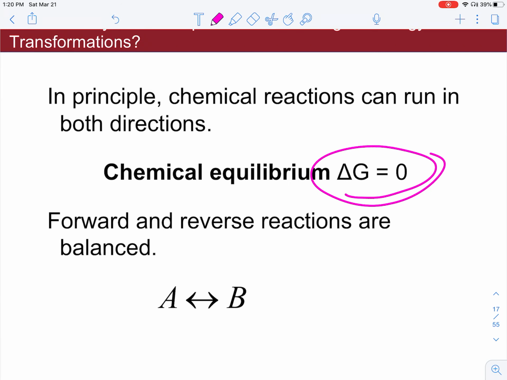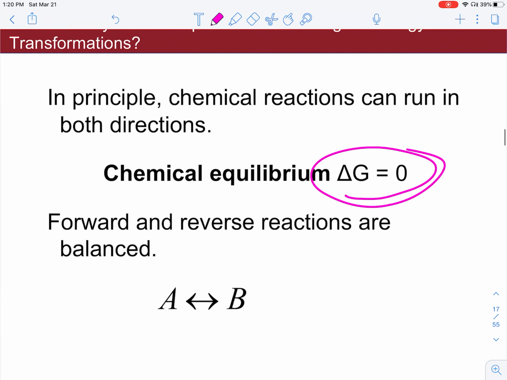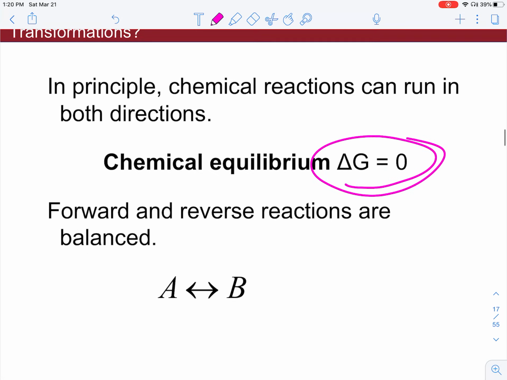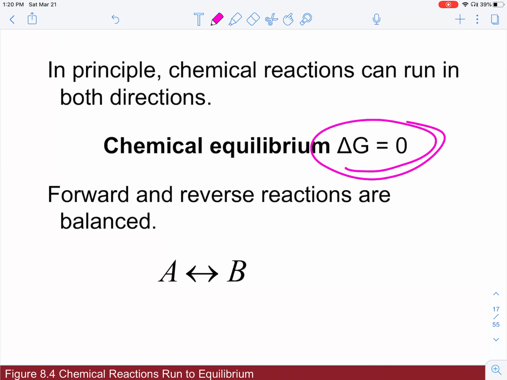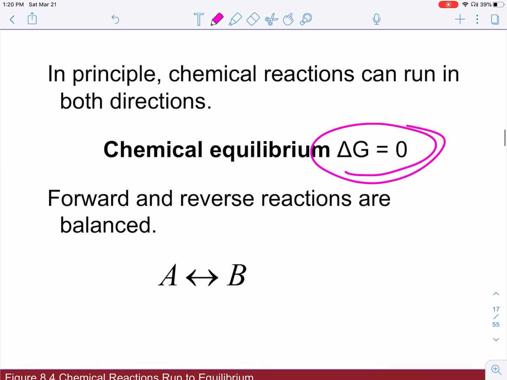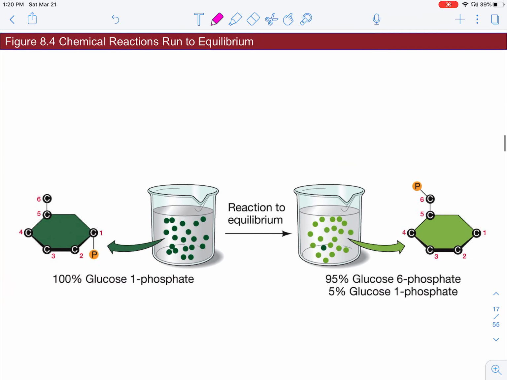And if the delta G is zero, you have a fully reversible reaction in which the flow of chemicals from reactant to product are equal.